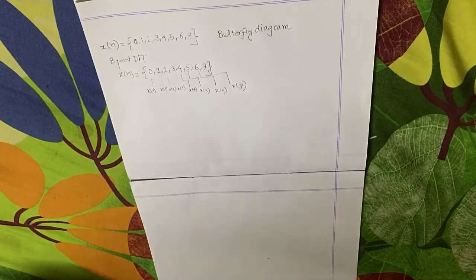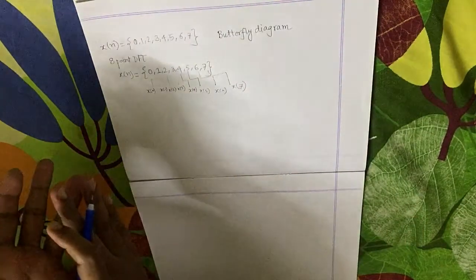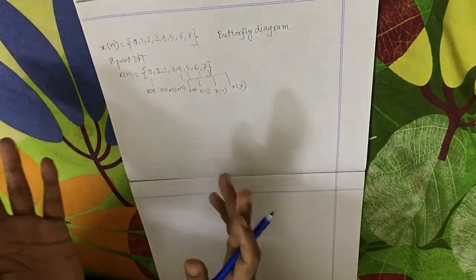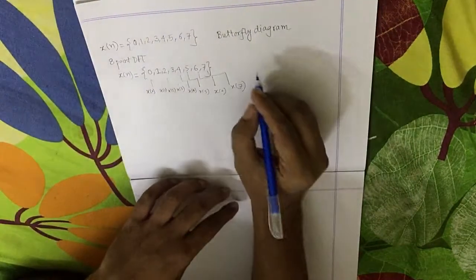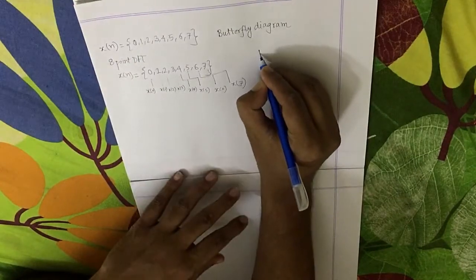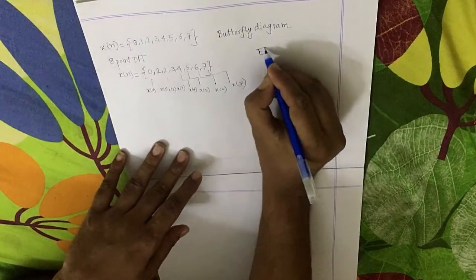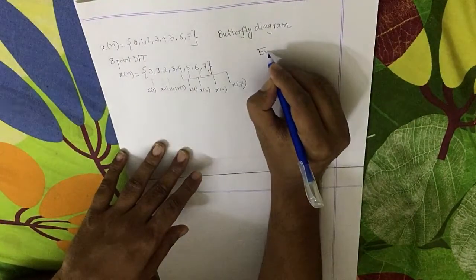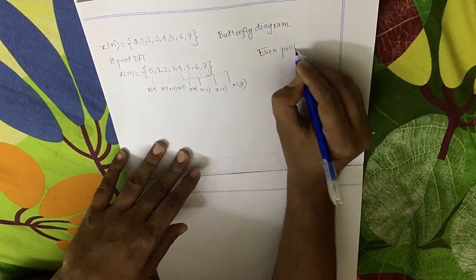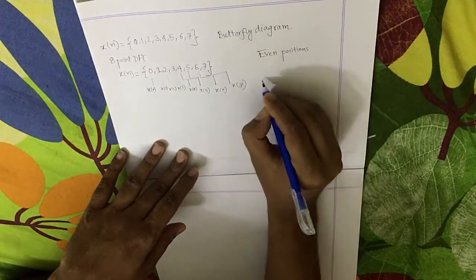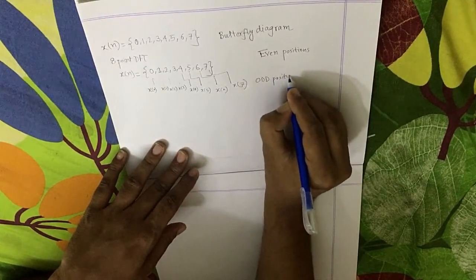Our first task is to divide the even portions and the odd portions. Okay, so what do you understand by this? Our first task is to divide the whole sequence, all the elements, into even positions and odd positions.